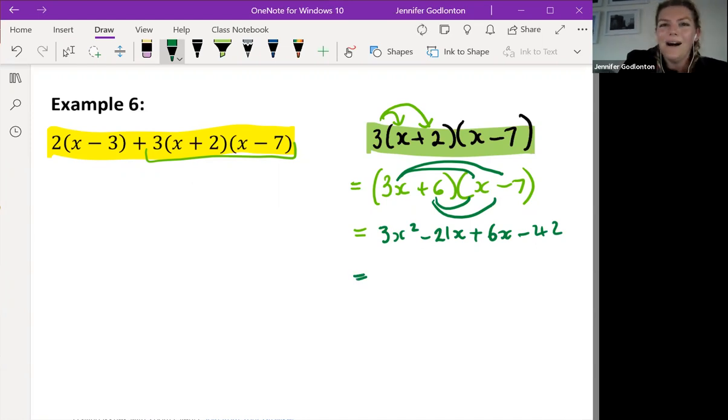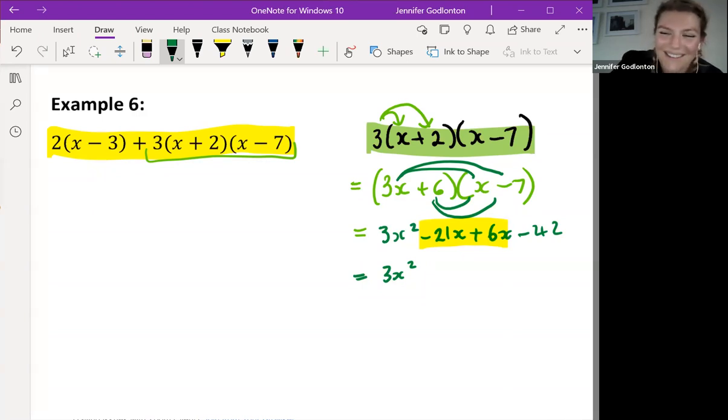Okay. Now, all we do is we find our like terms. So now I've got negative 21 and I've got plus 6. So I've got my 3x squared. Now I'm dealing with negative 21 plus 6. What am I going to get when I have negative 21 plus 6? I see some answers coming in.